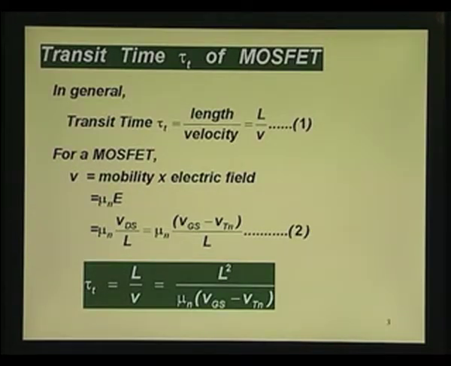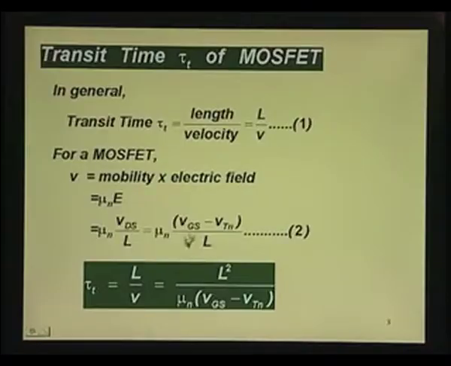Now, the transit time, the other parameter that we were discussing, is the transit time. Now, the transit time is defined as the length divided by velocity. We have also gone through this in detail. Now, it so turns out that the velocity is proportional to the electric field, the product of mobility and electric field, and electric field is drain to source voltage by the length, that is the voltage drop across the channel divided by the length.